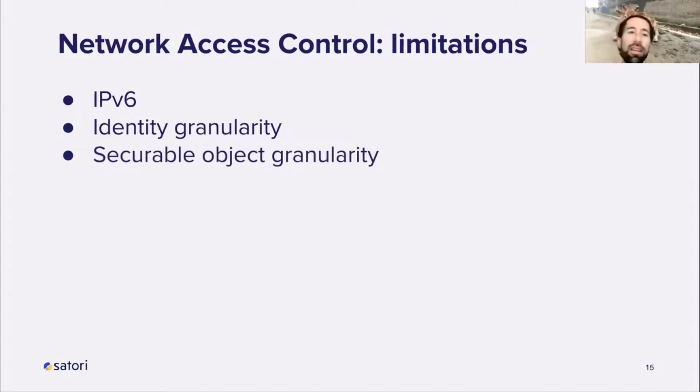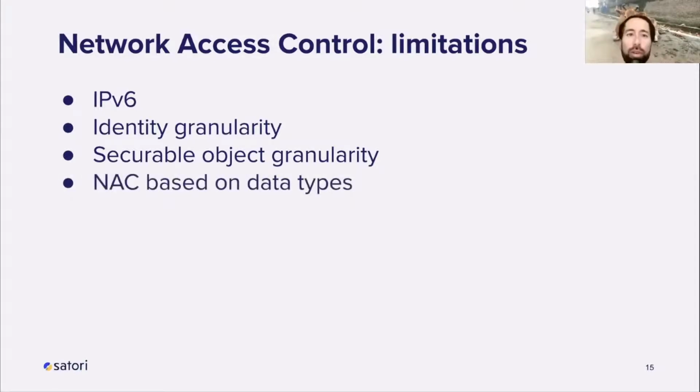You cannot set the access in the securable object granularity, meaning it's a 0 to 1. You either are coming from the right IP addresses and you can go in, or you are not and you can't go into your data warehouse. You can't say, for example, that you can go into your data warehouse from a list of IP addresses, but to the HR database, you can only go from specific restricted IP addresses.